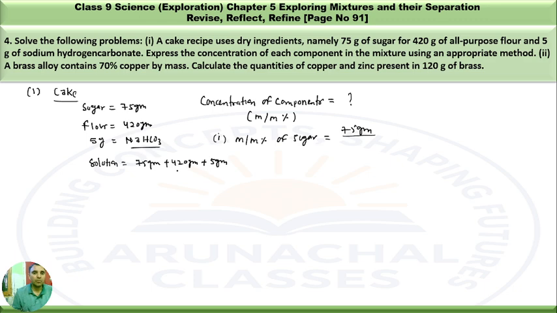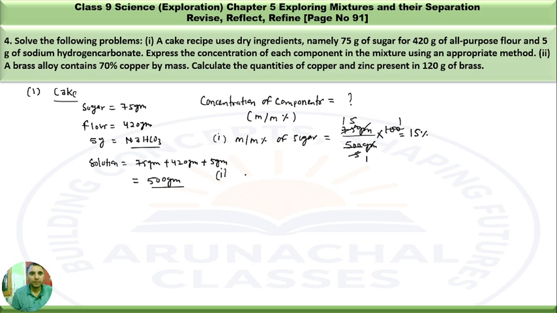So 420 plus 80, it is 500 gram. So here it is mass of solution 500 gram, multiply 100. Cancelling, 5 fives are 25. Gram and gram cancel. So here it is 15%. So 15% is sugar.